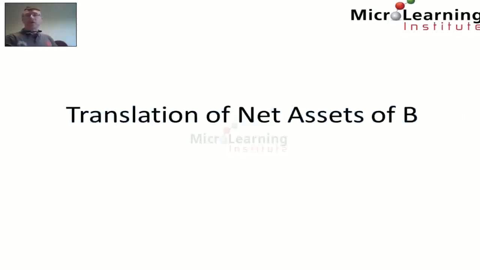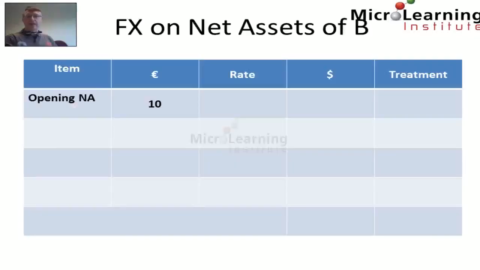Now, the first working we need to do in order to translate a foreign subsidiary is to translate the net assets of B. The structure for this working is as follows, and we recognize that the opening net assets in euros of B were €10,000. You recall from the previous slide that we made a profit in the year since acquisition of €5,000, and of course consequently from the statement of financial position the closing net assets of B were €15,000.